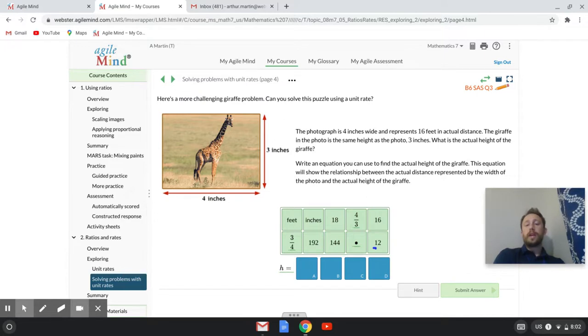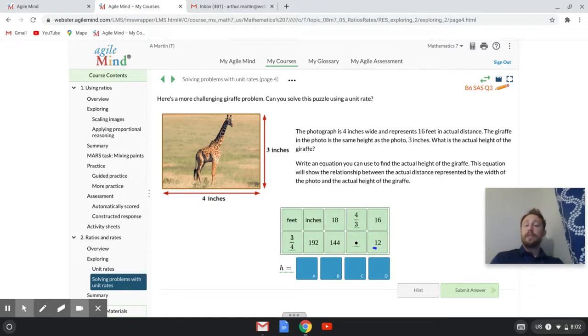So it says the photograph is 4 inches wide and represents 16 feet in actual distance. So remember, that's like using a scale factor for a map or a drawing. So it's telling us that this actual 4 inches represents 16 feet. Okay.